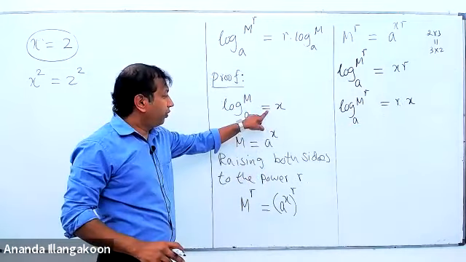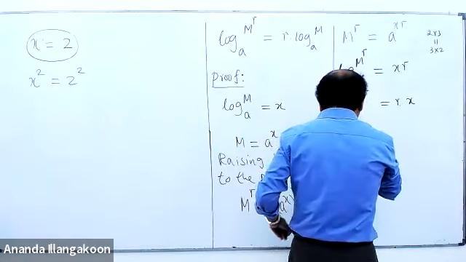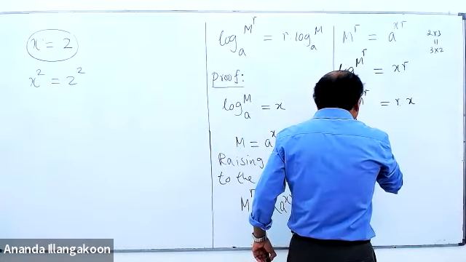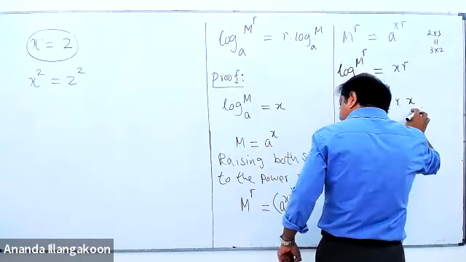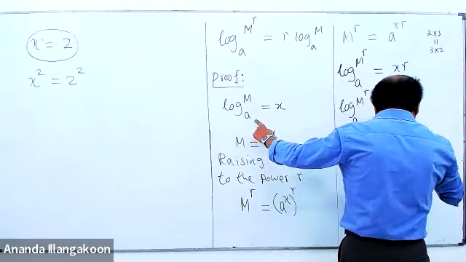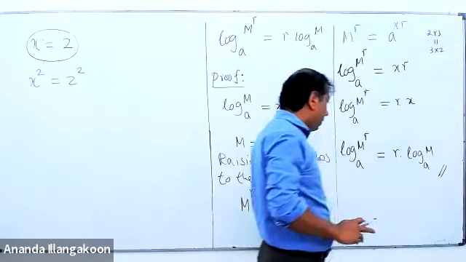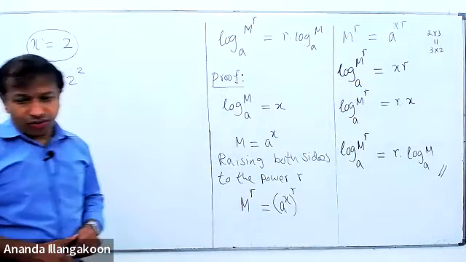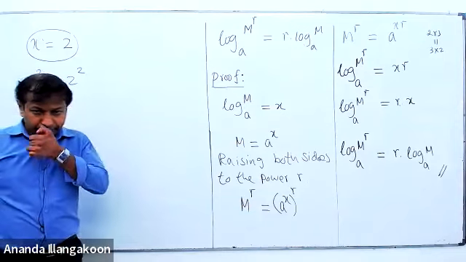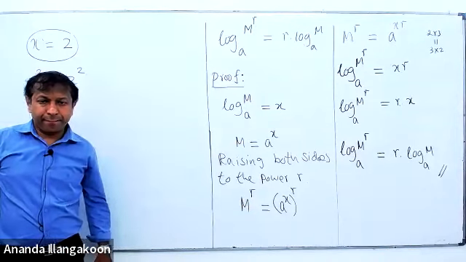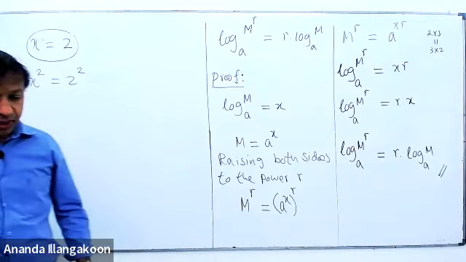What is x? x equals log m to the base a. Then you get log of m to the power r to the base a equals r times log m to the base a. This is how we prove that result.